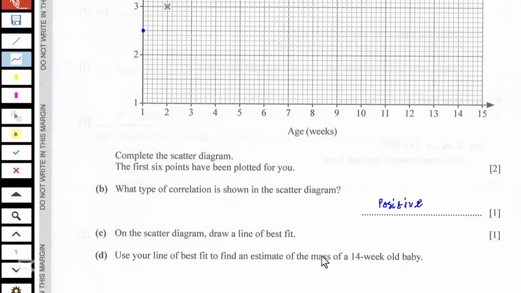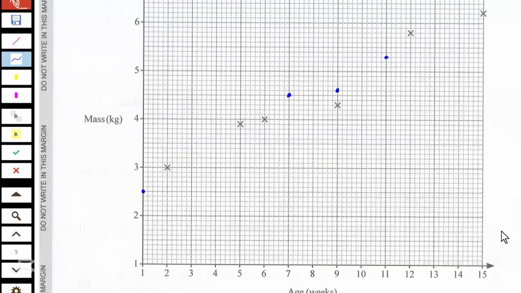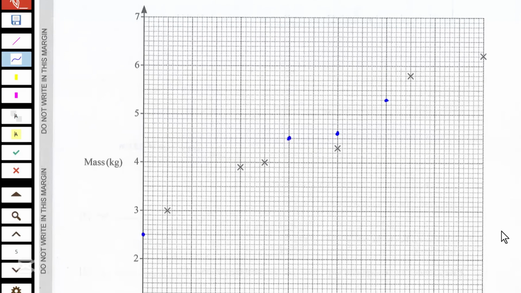Now, question C, on the scatter diagram, draw a line of the best fit. Okay, so to draw a line of the best fit, we have to ensure that there is a balance in the number of points on both the left-hand side and the right-hand side. So let's draw the line of the best fit. Beginning from here.